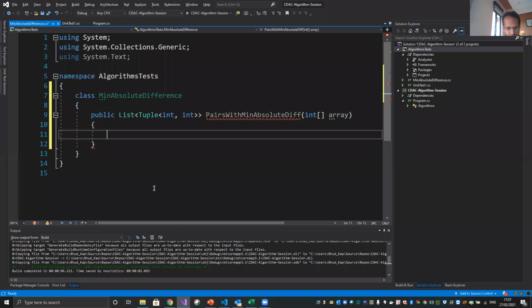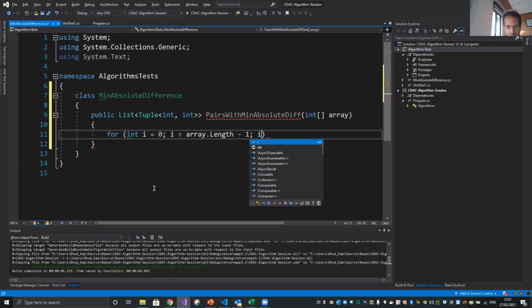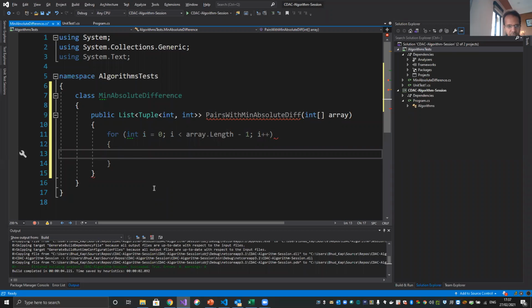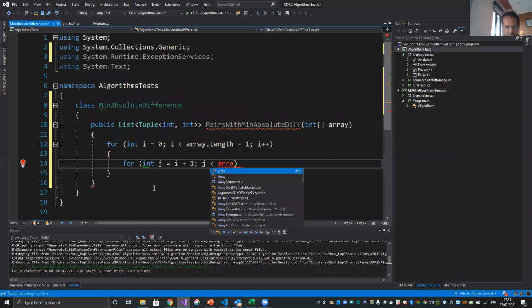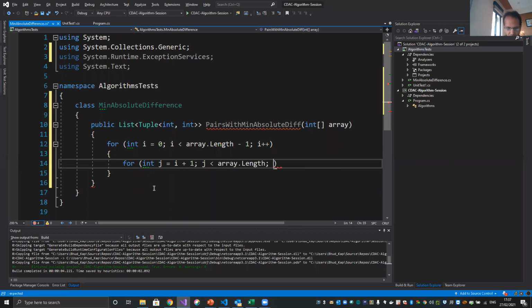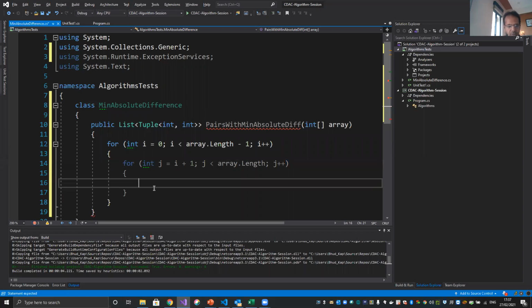So for example, if we quickly want to generate and see those pairs for ourselves, let's say int i equals 0, i less than array dot length minus 1, i plus plus, and for int j equals i plus 1, because we want to start from the next element after i, j less than array dot length, j plus plus. Okay, I'll explain this in a bit.